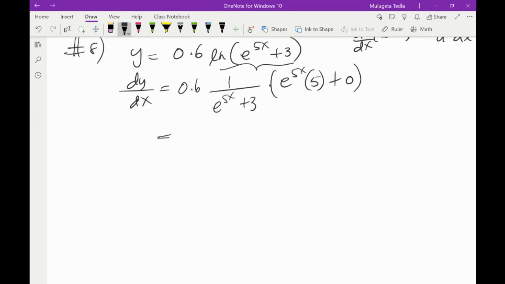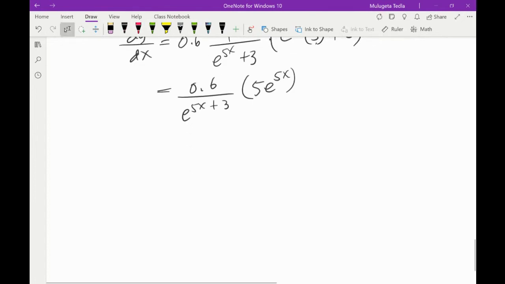So what's happening? 0.6 over e to the 5x plus 3, times 5, e to the 5x. That's what we got. And then I can multiply 5 by 0.6, which is 3.